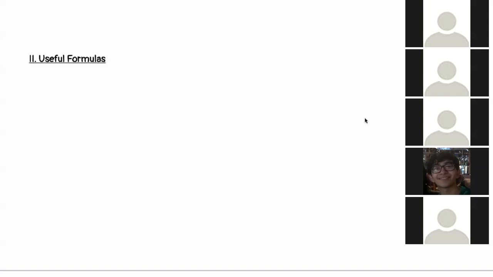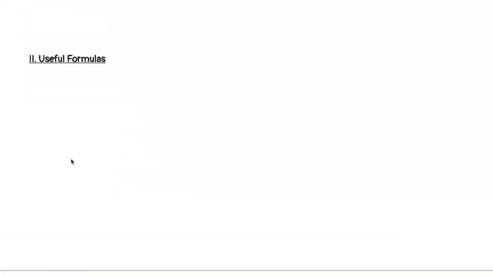I get it. But with geometry, some people really like geometry. I know I just said some people don't like it, but some people like it because it is very visual. You can kind of see what you're finding, whether it be surface area, which is more like the skin of something, or volume, which is like the amount of stuff inside of something.